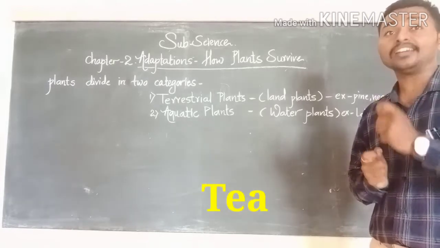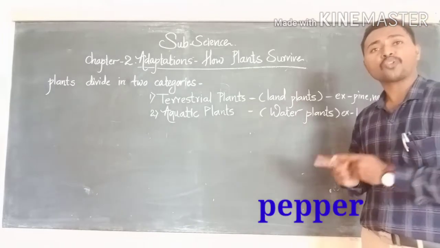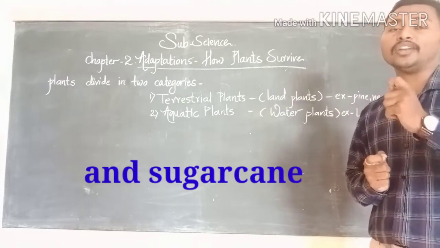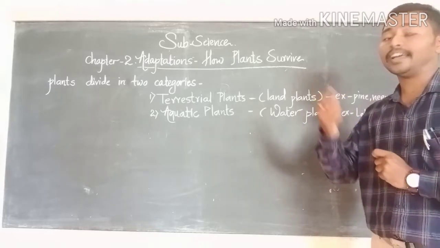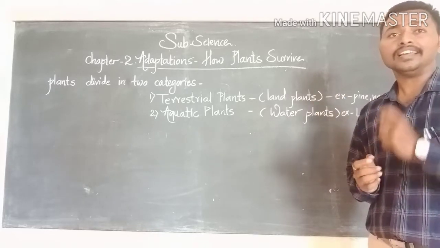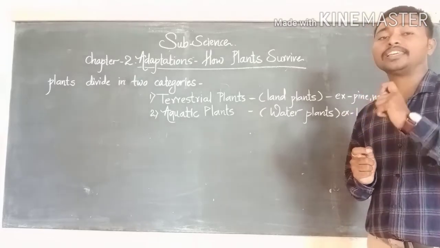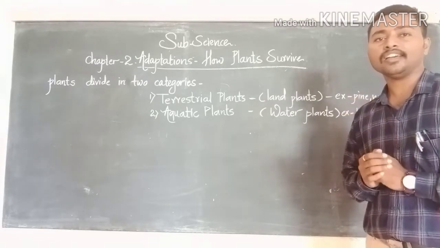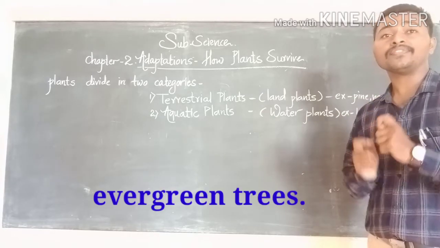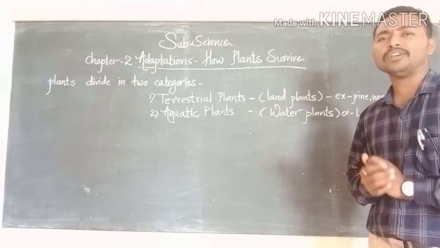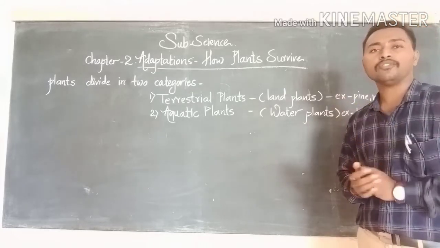Plants like teak, rubber, coffee, tea and sugarcane grow in hot and humid regions. Leaves of trees always remain green. उनके पत्ते हमेशा हरे रंग के पाए जाते हैं. So they are called evergreen trees. Trees have a lot of leaves that do not shed in winter.